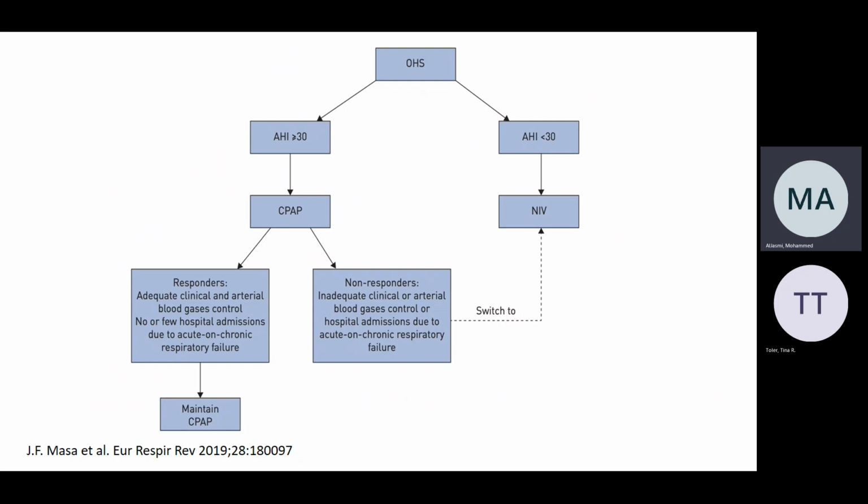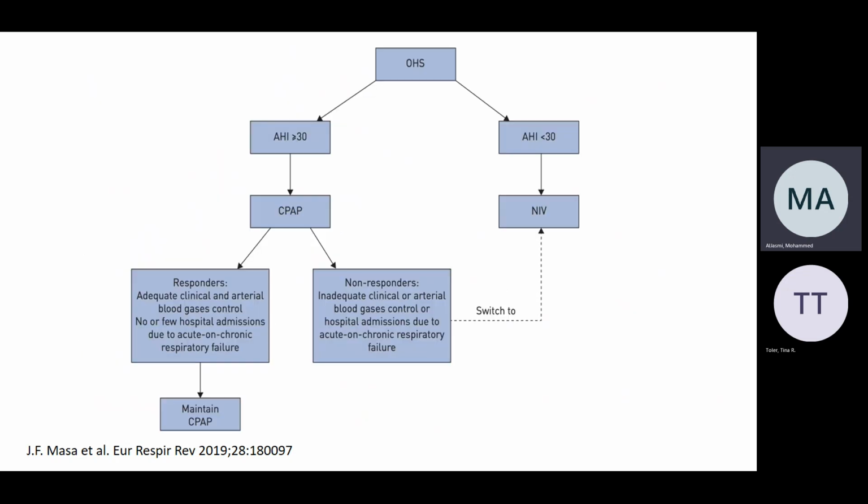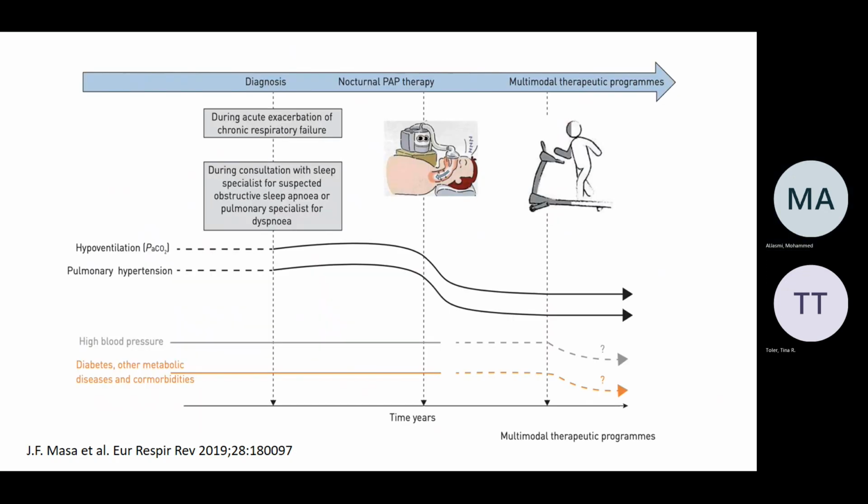Less than 30, I think you can go either way. What I do, and I think this is easy, we'll come back to that: if they have obesity hypoventilation plus OSA, do a titration and see what happens first, before you decide on which treatment. Usually request the CPAP titration, especially if you have an AHI of more than 30.